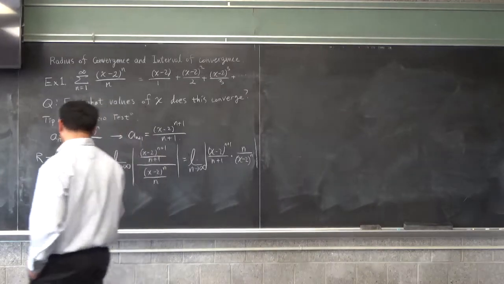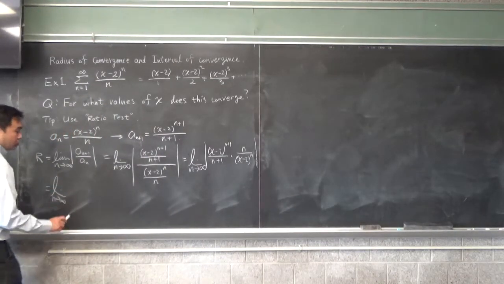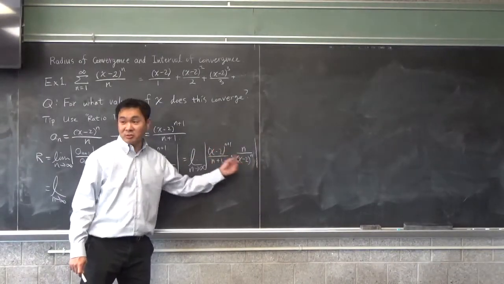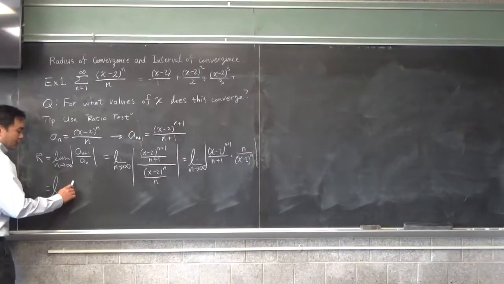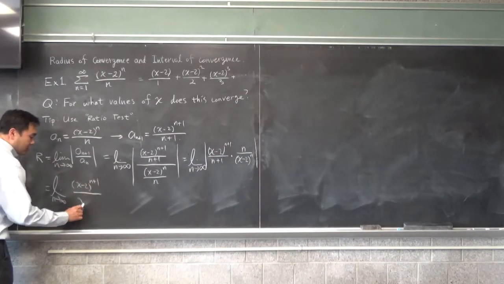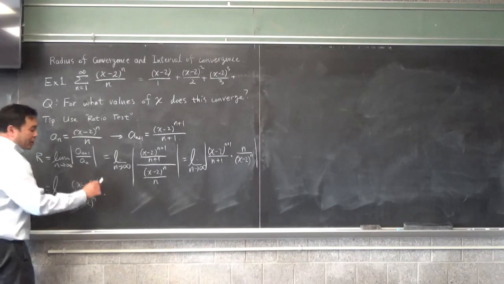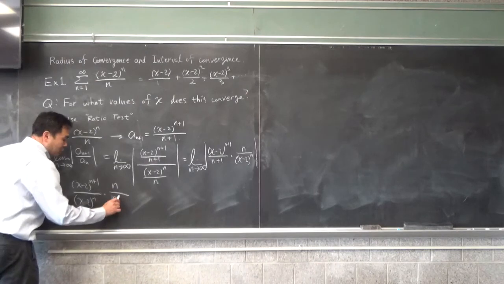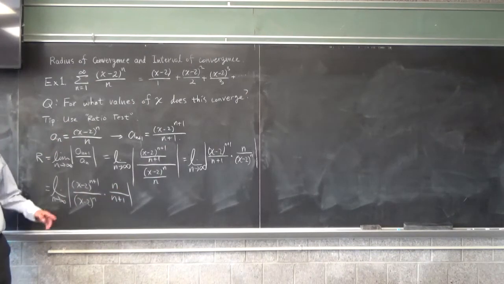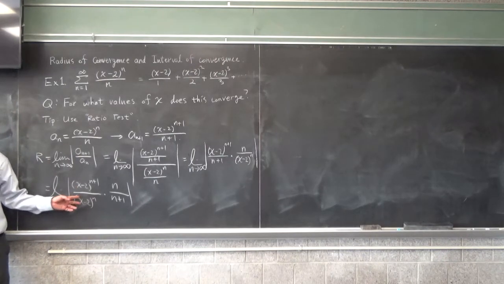And it's easier to divide this by this because some of these cancel, right? So you have x minus 2 to the n plus 1 over x minus 2 to the nth power, and also pair the n with n plus 1, absolute value. And now since these two have the same base, what's the rule for exponents?